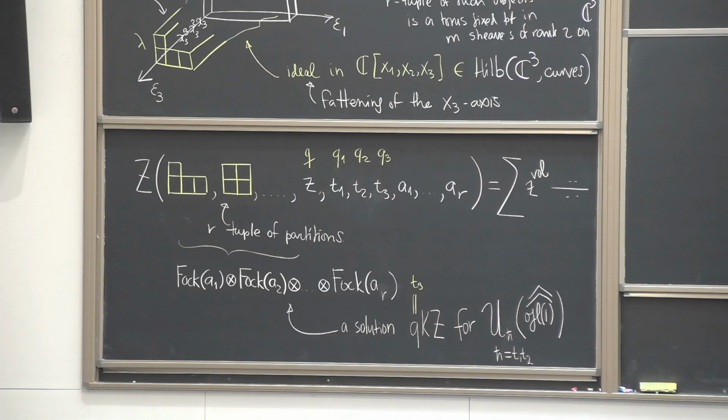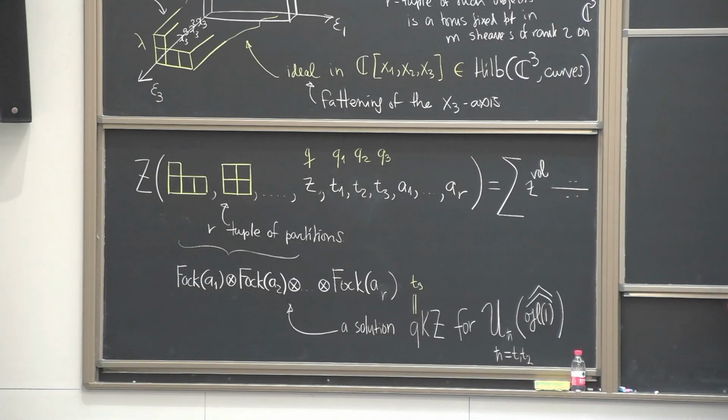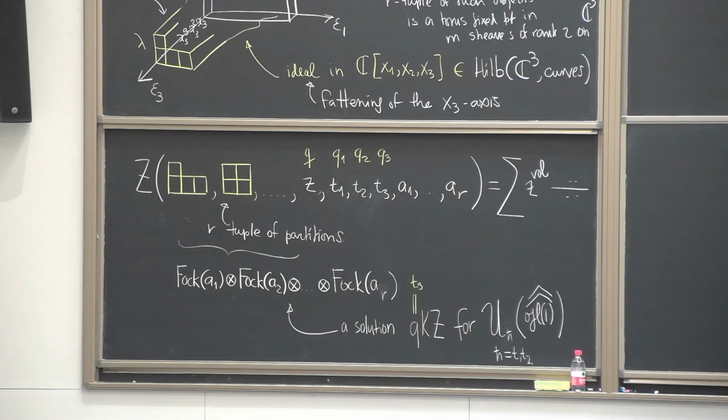And now I have to explain, since my lectures are supposed to explain things. Where is the father of QKZ? Okay, in his absence, I will explain what this equation is.